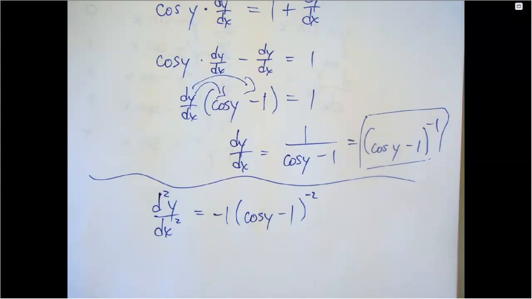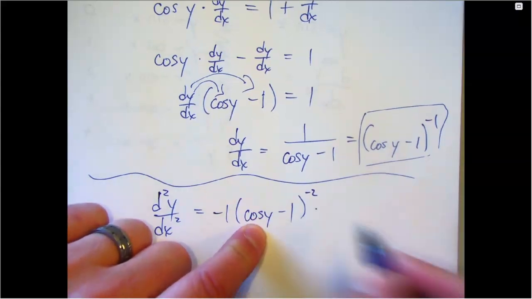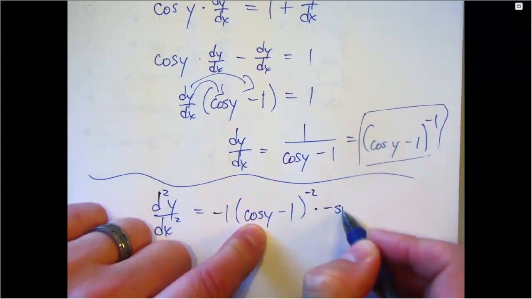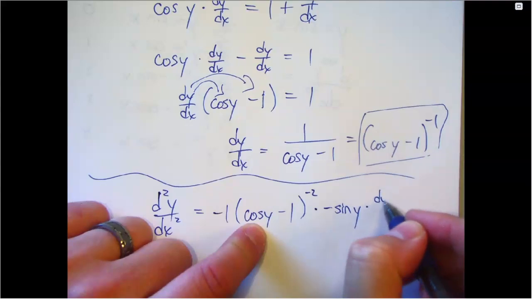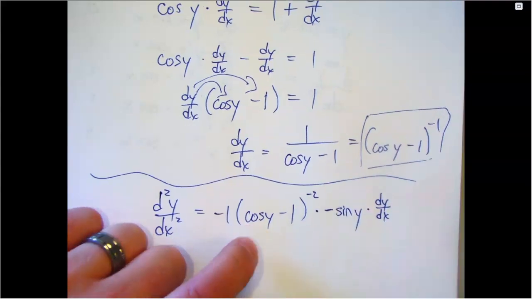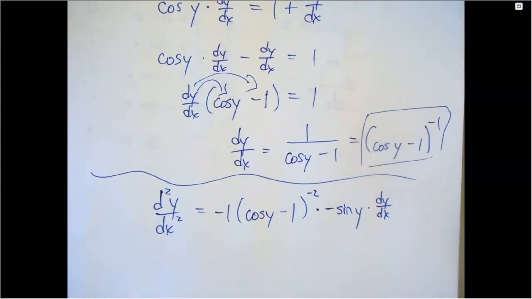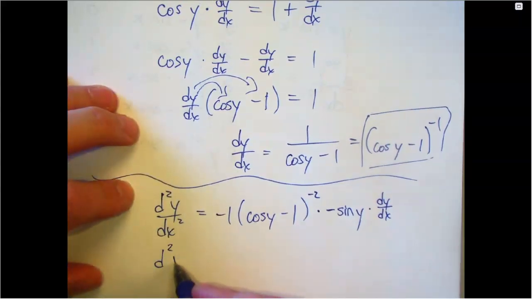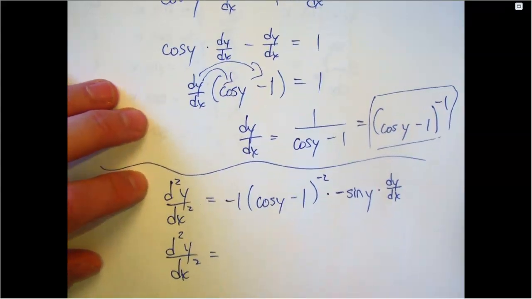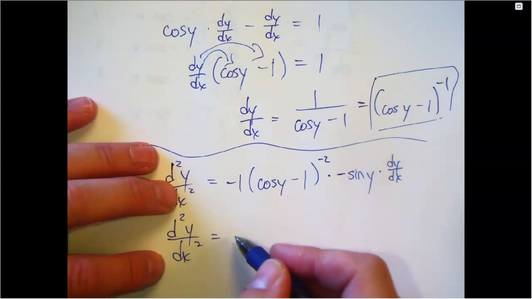Then I multiply by the derivative of the inside, right? So the derivative of cosine of y, negative sine of y, times dy/dx. So then, other questions up to there? Before I go on. The next thing's kind of like the twist, I guess.